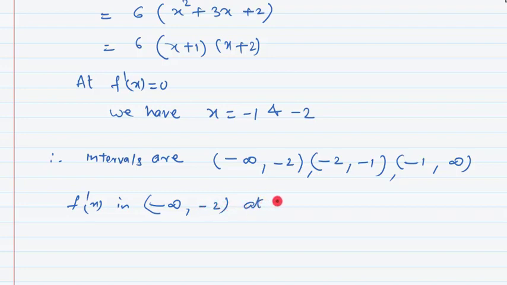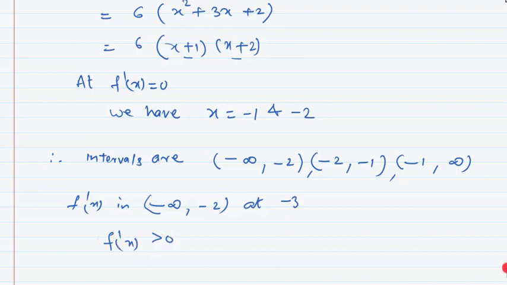It is better to put x is equal to minus 3, because it is simple to find out whether it is positive or negative from the factorized form. By putting x is equal to minus 3, clearly this is negative as well as this is negative. So we are getting f dash x as positive. f dash x is greater than 0.